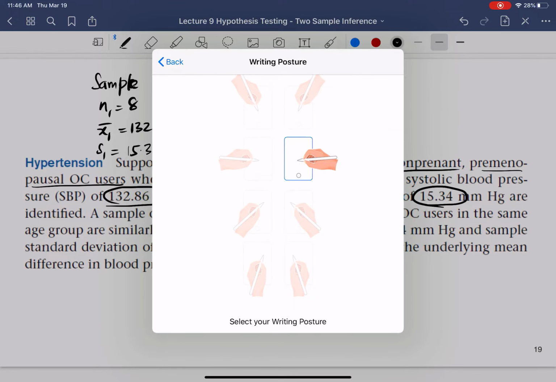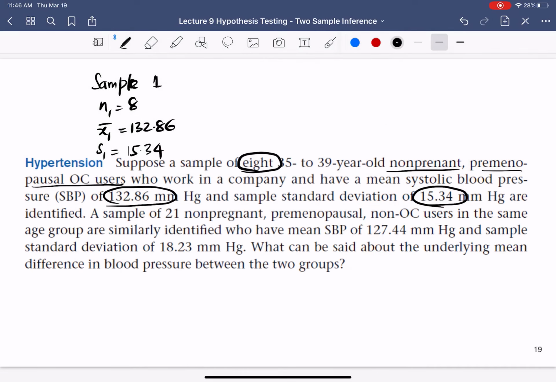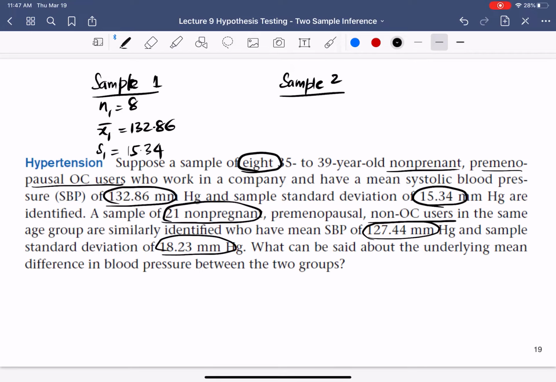Now in sample 2, you have 21 non-pregnant, premenopausal, non-OC users who have systolic blood pressure of 127.44 and a standard deviation of 18.23.